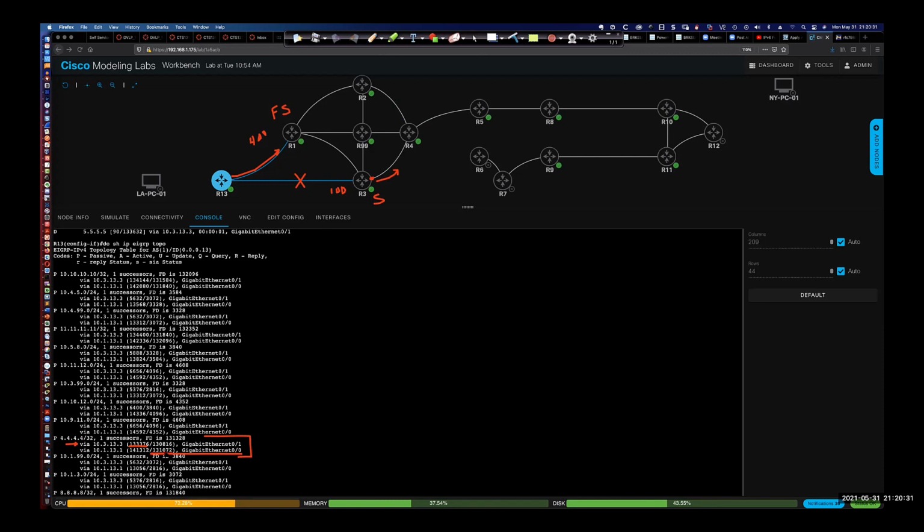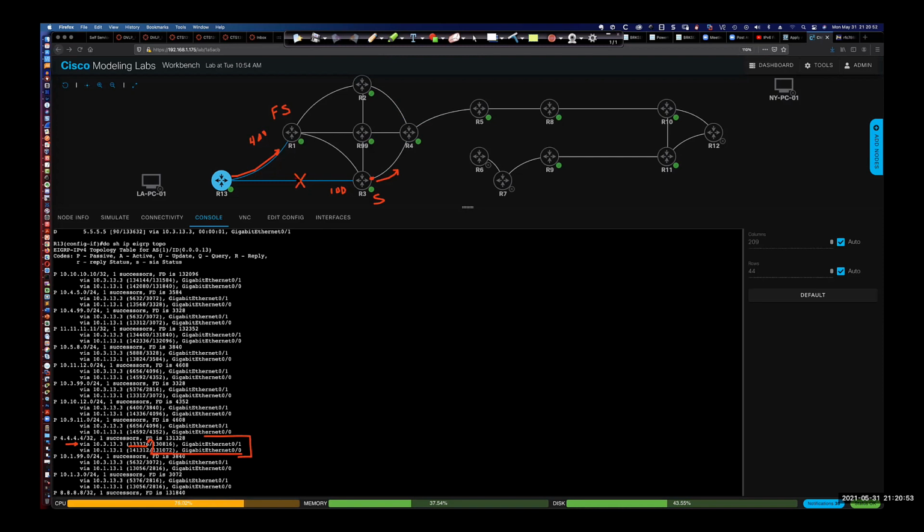So if the reported distance is strictly less than the feasible distance of the current successor, and here it's the computed distance really, if it's lower than that computed distance, it meets the feasibility condition.